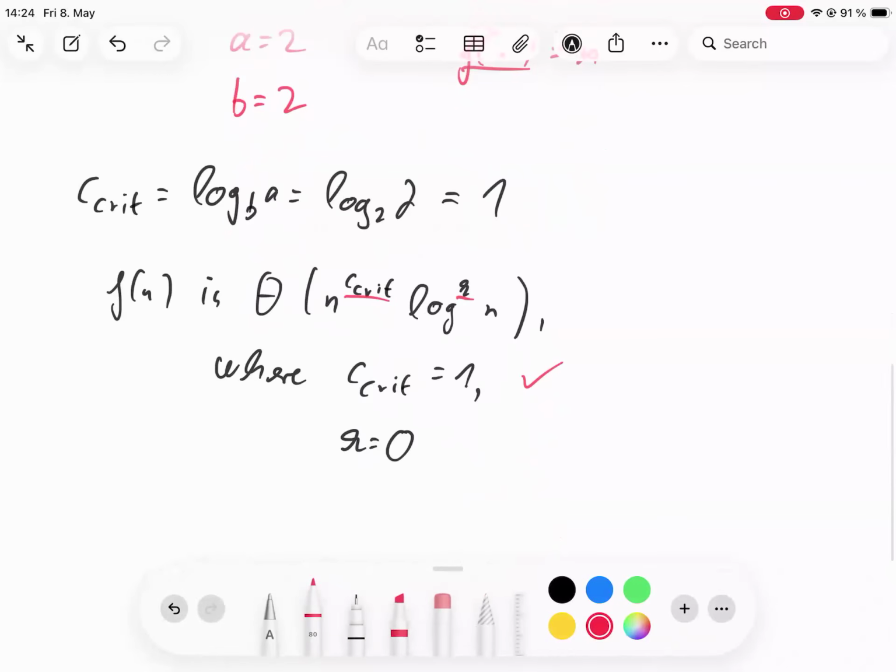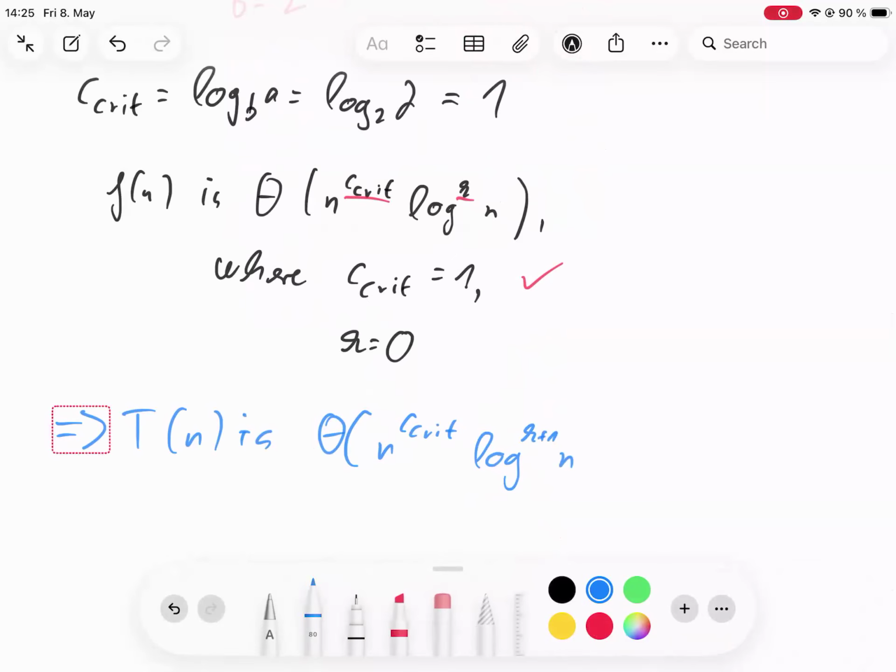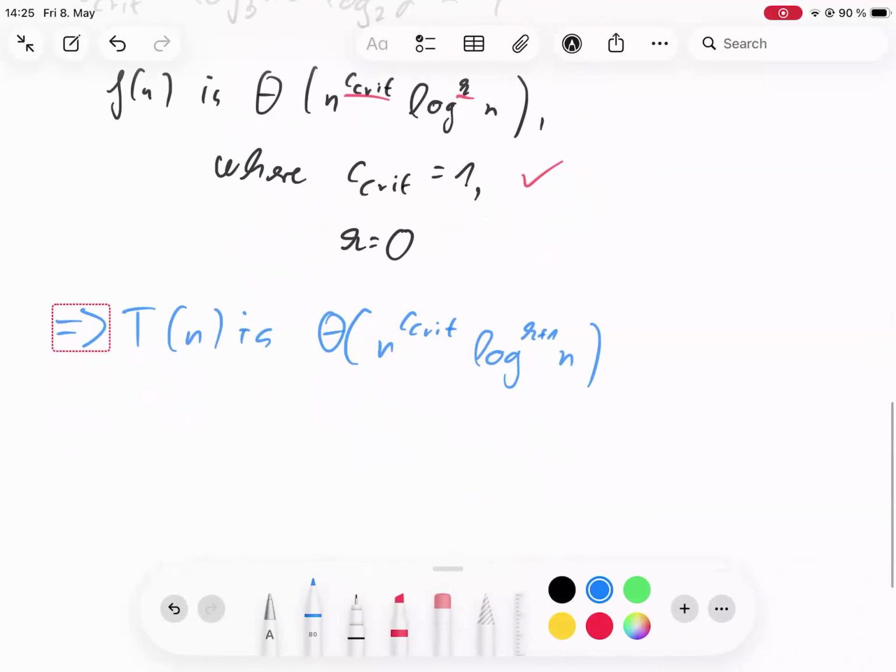So we have shown this, and now the solution is fairly simple, because case 2 told us before that then T of n is theta of n to the power of c critical times log n raised to the power of k plus 1. And we just plug in the values.